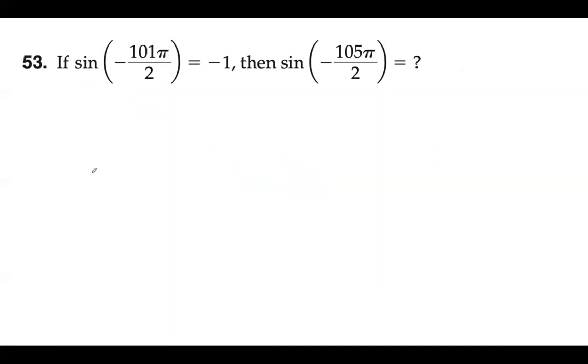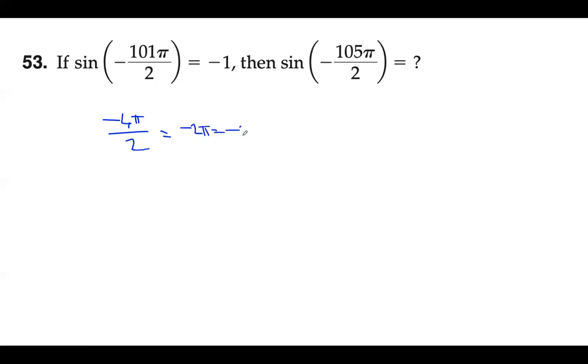The next one, if sine of minus 101 pi over 2 is equal to minus 1, then they ask sine of minus 105 pi over 2. So if you check these numbers, their difference, when I am checking the angle, is negative 4 pi over 2. And if we simplify negative 4 pi over 2, we will get negative 2 pi.